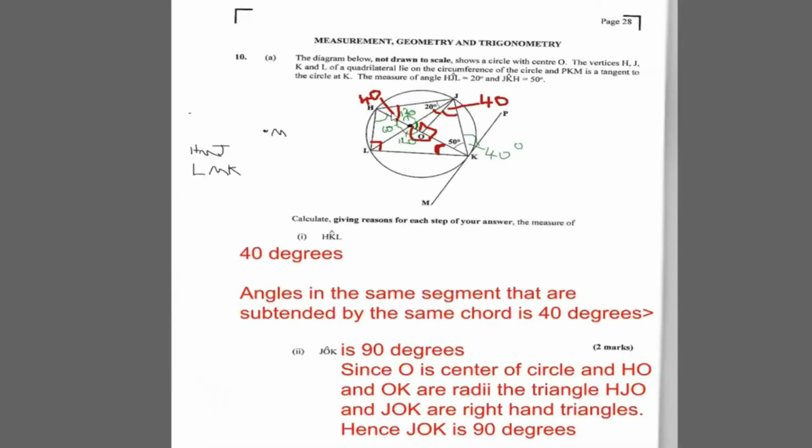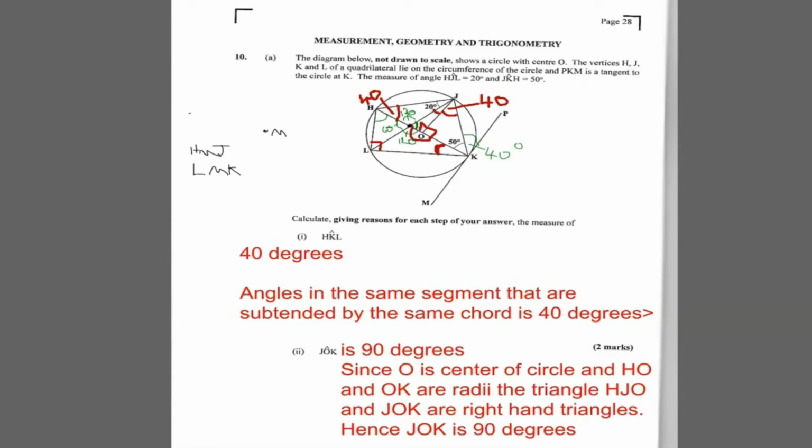And you'd have to trace back all of the reasoning that we were using. How did we end up getting that this is 40 degrees? Let's trace back our steps. This was 90, this was 30, this was 20.